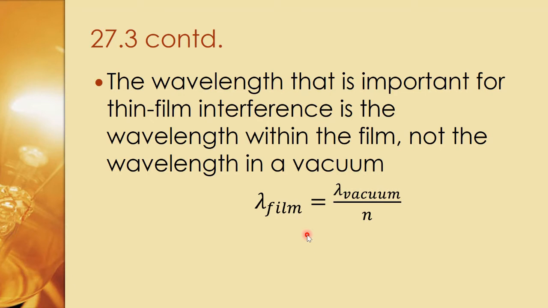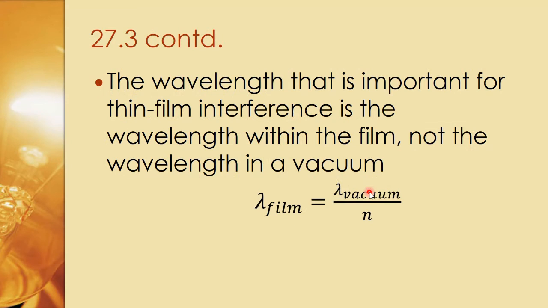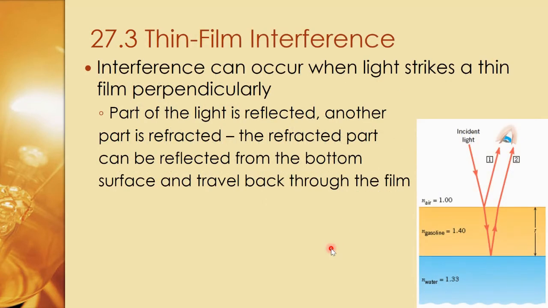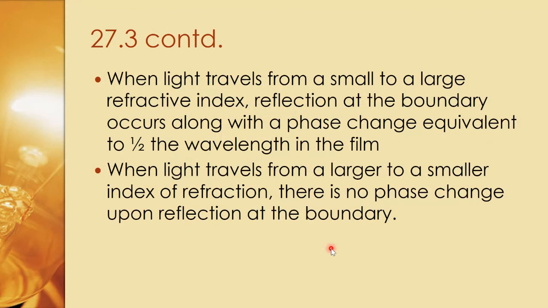So if you wanted to figure out what is the wavelength of my light when it's in the film, you would take the wavelength in a vacuum, where you would be using the speed of light in order to solve for that if you knew the frequency, and divide that by n, which is our index of refraction, which you can see in the images here. For gasoline, it's 1.4. So that would give you the wavelength in the film that is important for this interference to work.